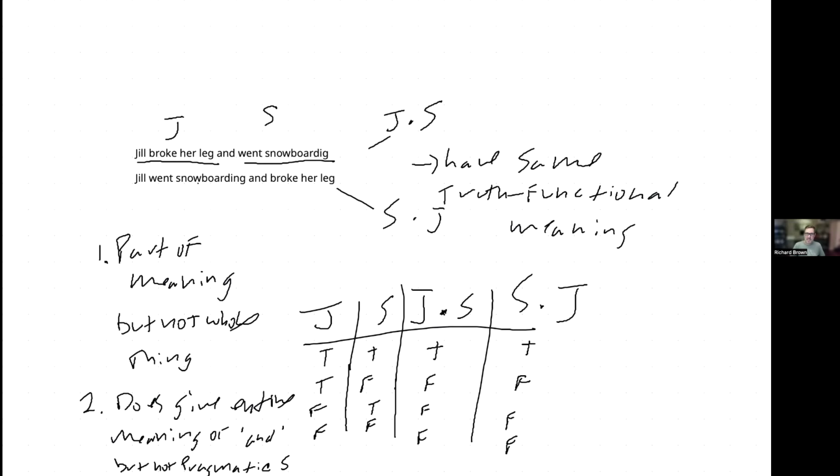Okay, now what's interesting is you see sort of exactly the same thing playing out with the word "or." So for example, we remember our truth functional definition of the wedge. The wedge tells us that when your propositions are both false, then you get false, but you get true in every other case.